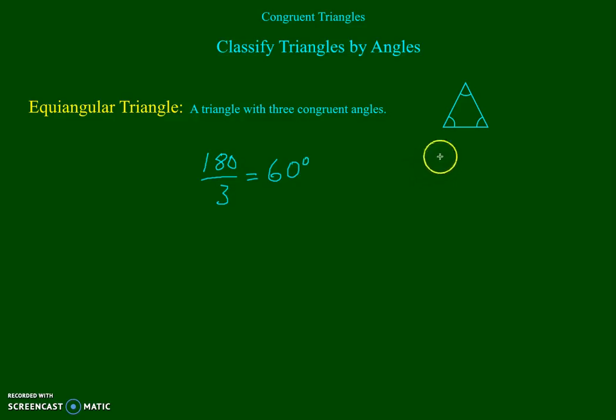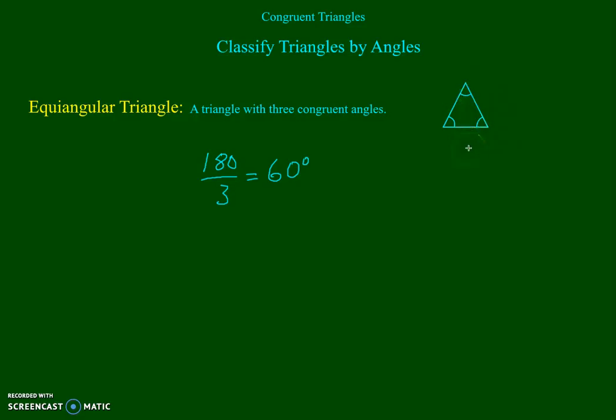Now, remember earlier we stated that an obtuse triangle could not be right and a right triangle could not be acute. In this case, we have a classification by angles, equiangular, that can be equiangular and acute. So remember, don't get confused with that distinction.